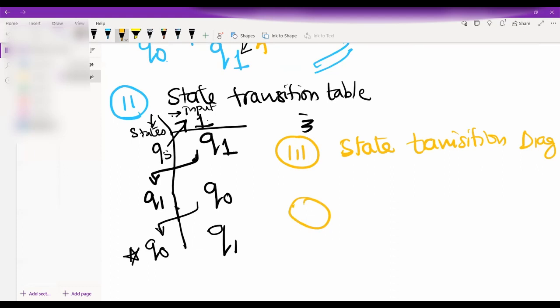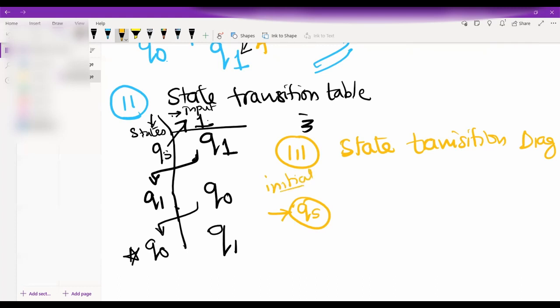First, we have to draw a circle. Within the circle, we write the state name. As this is the initial state, it has to be different from all the other states. The starting state, or beginning state, is always indicated by a small arrow showing that this is the initial state.